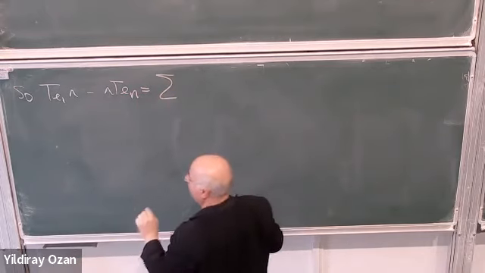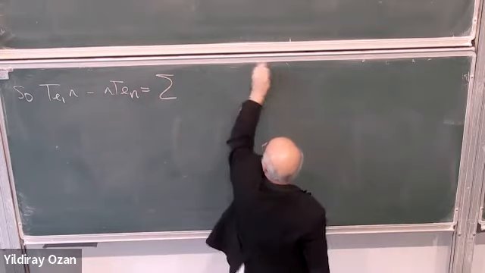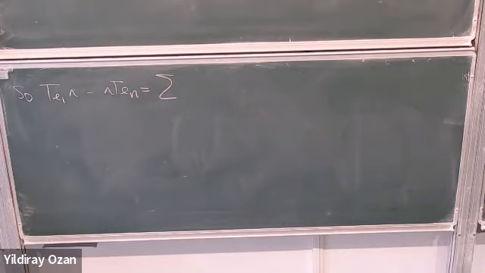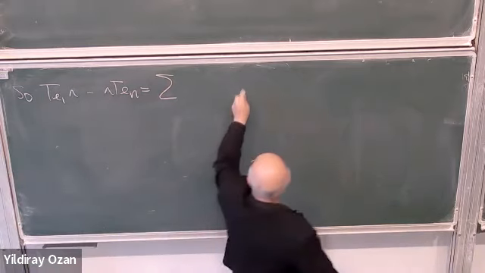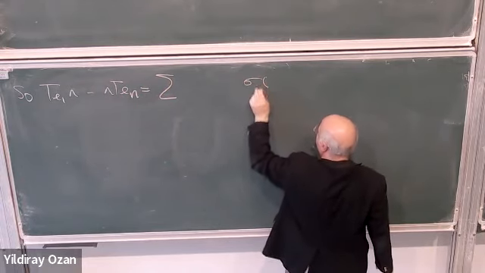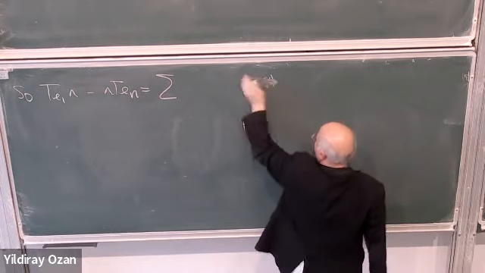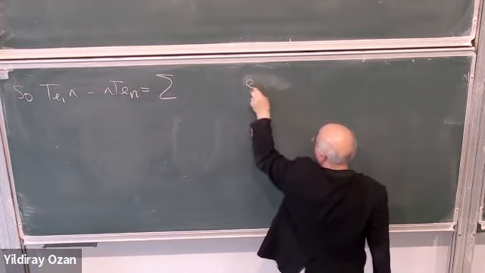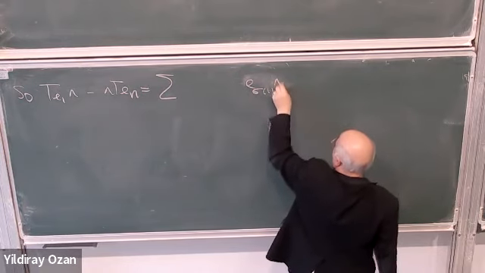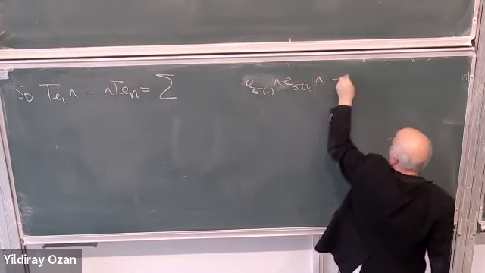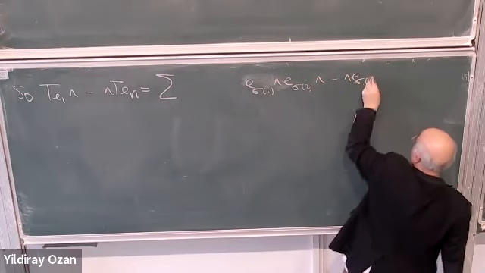Summation over, let's say I choose e_sigma(1), and then in the second one e_sigma(2), up to e_sigma(n), right?